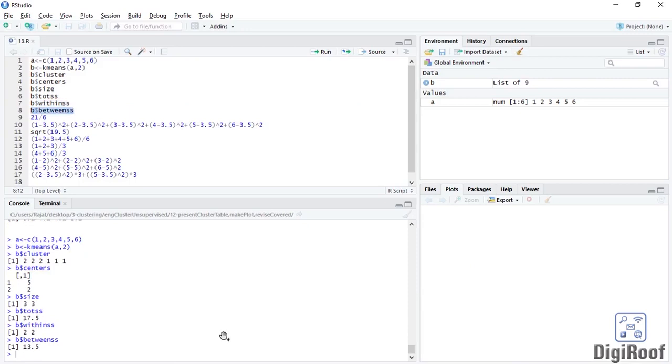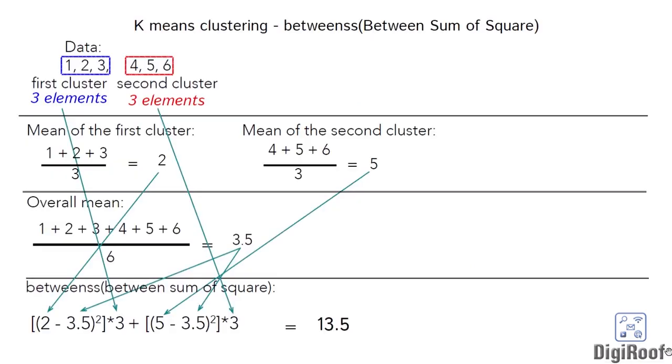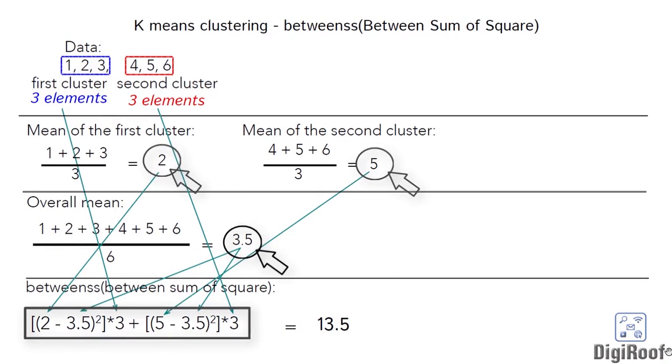Let us go through the final element of kmeans function, namely betweenss. For arriving at the value for betweenss, we need several values. Let's look at them one by one. First is the mean of the 2 clusters, which is 2 and 5. Now, we would subtract each of the cluster means with the overall mean and square these differences.